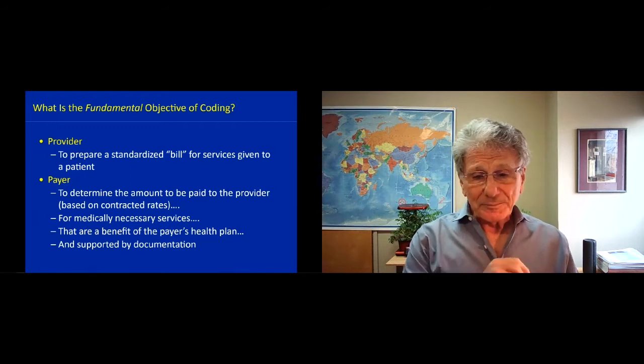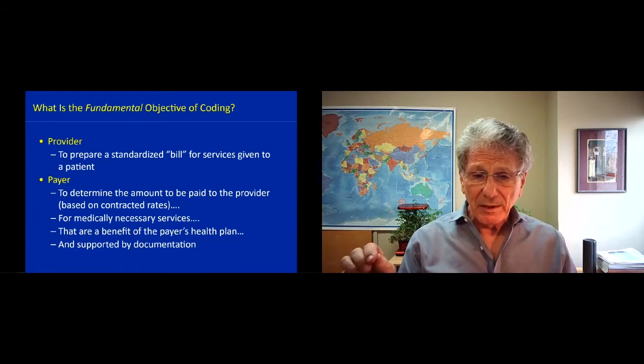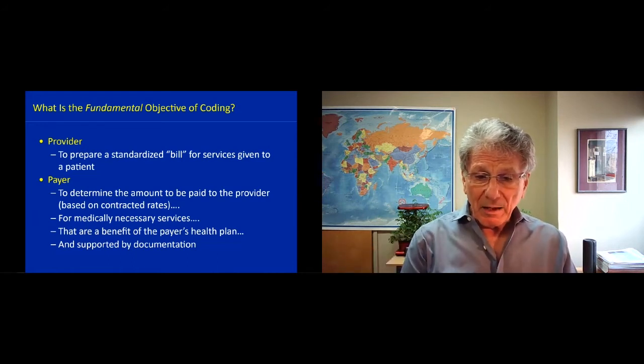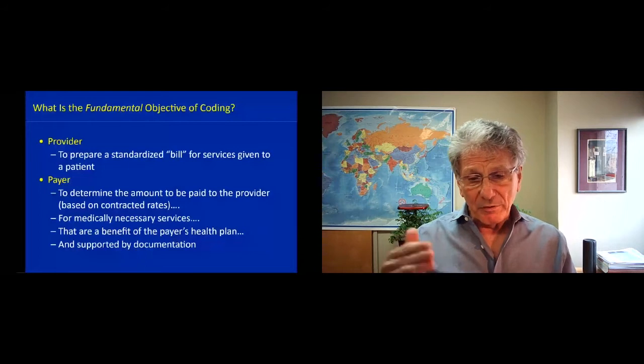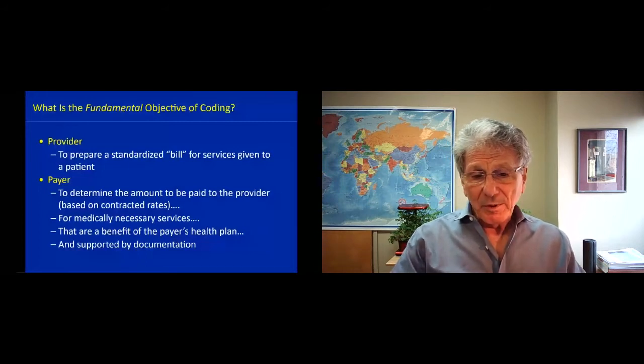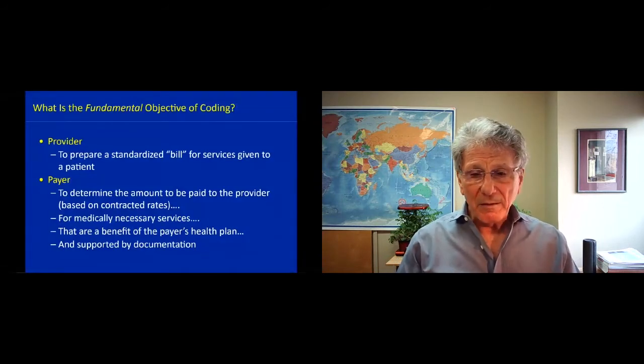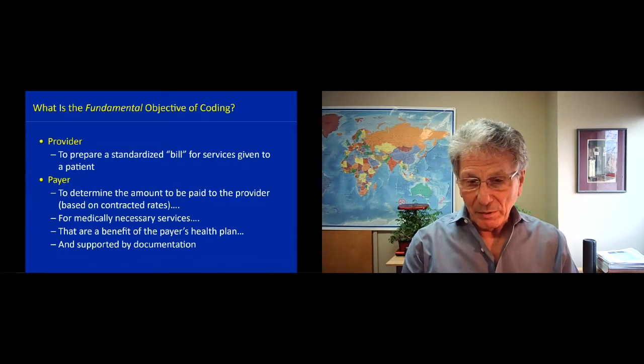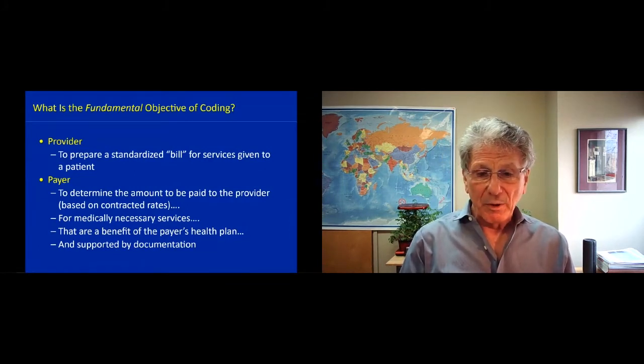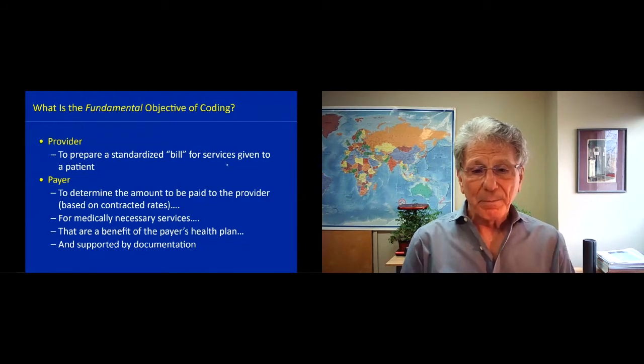So if I were to have an office visit and give an ICD-10 code that has to do with infertility, they're going to reject that payment, not because it wasn't medically necessary, but simply because it wasn't a benefit of the program. And then last, they're expecting that whatever we submit as claims or bills will be supported by documentation in the electronic medical record. Next slide.